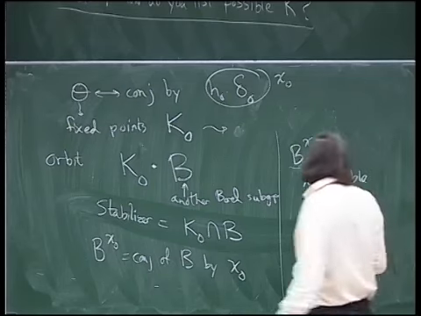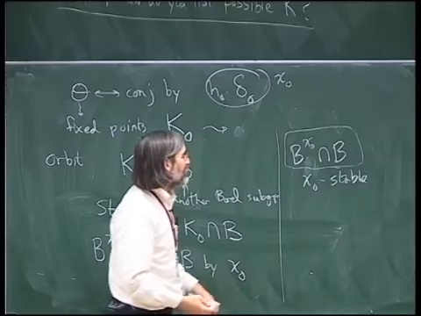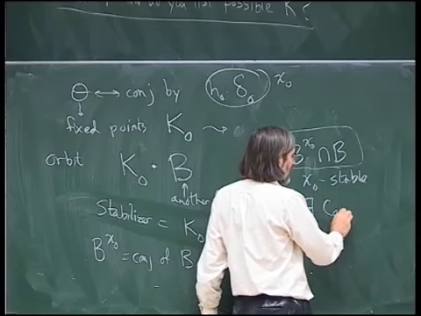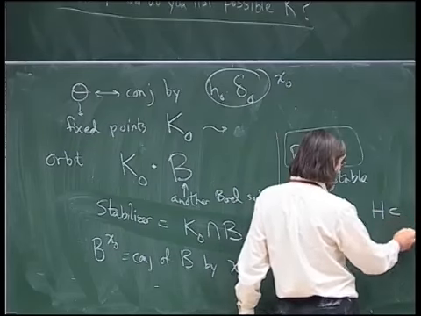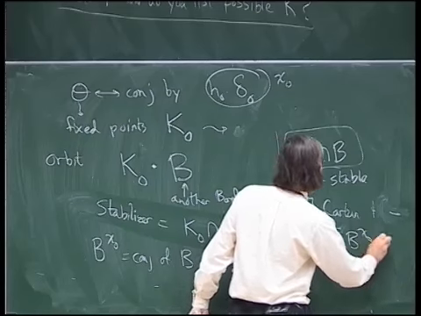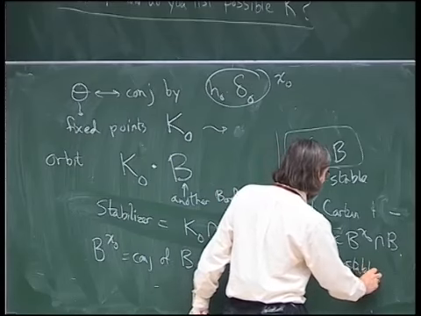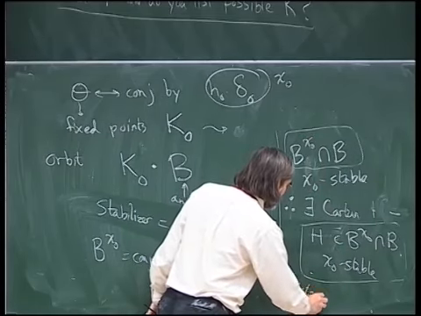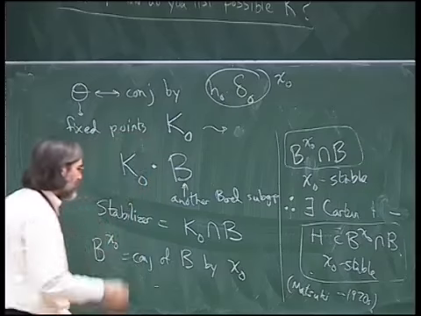So if you have the intersection of two Borel subgroups and an automorphism that preserves them, you can find a Cartan H inside this intersection, which is x0 stable. I learned these things from Matsuki in the 1970s, but it's probably older than that.